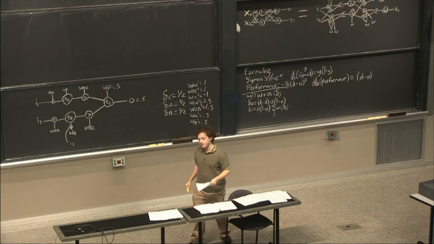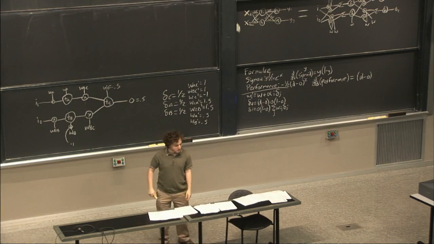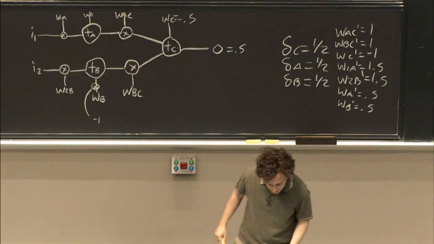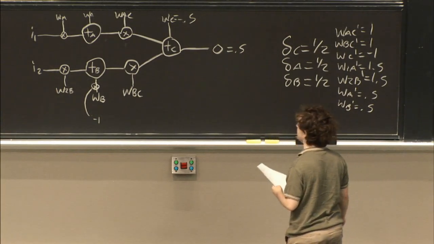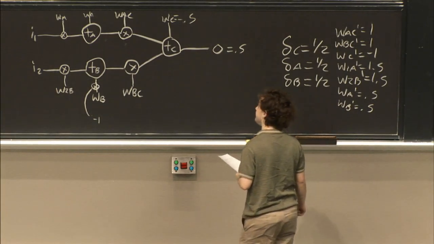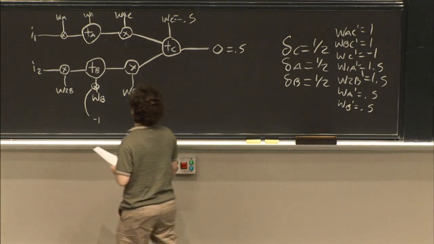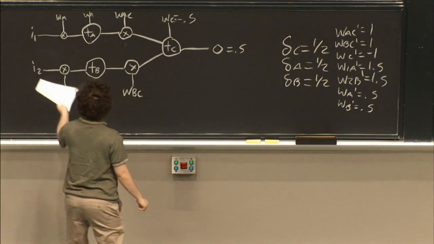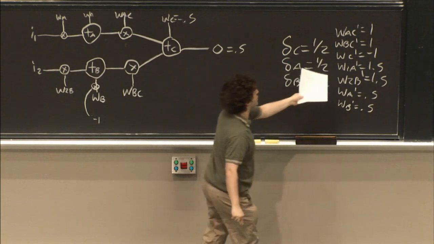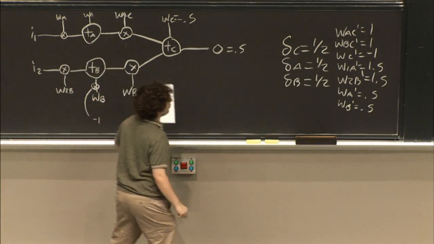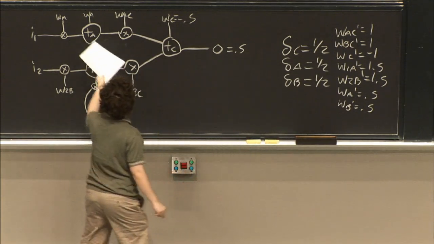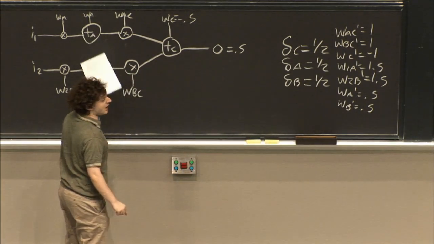That's one full step. Maybe a mite easier than you might be used to seeing, but that's a full step. And it asks what's going to be the output after one step of backpropagation. Well, we can take a look. So we have 1 times the new W1A, which is 1.5. We've got 1.5. Then the new WA is just 0.5. Minus 0.5, that's a 1 coming into an adder.